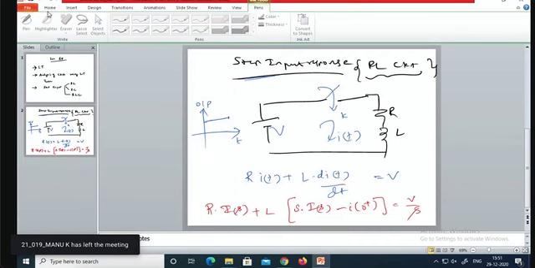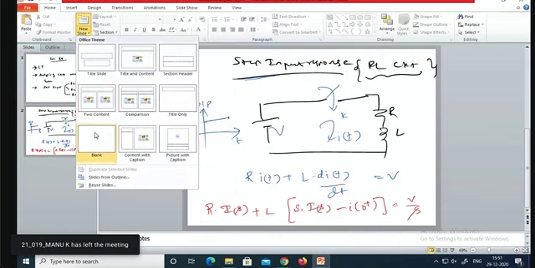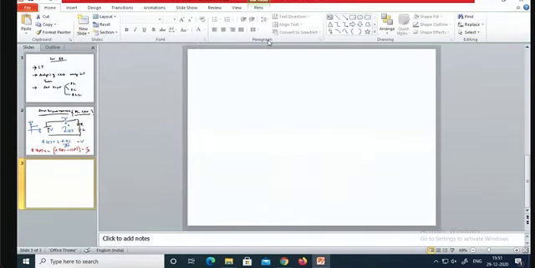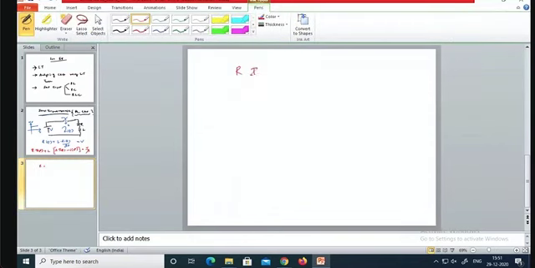I will just rewrite the same equation. It is R into I(s) plus L into s into I(s) minus i(0-) or i(0+), because the current through the inductor will not change instantaneously. So this is the initial condition.